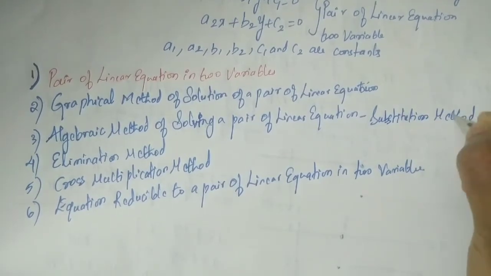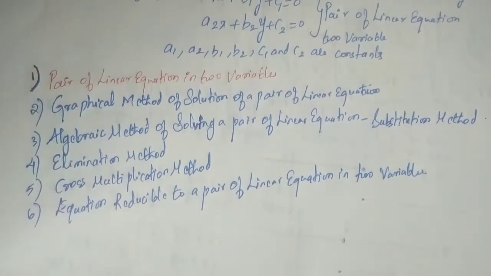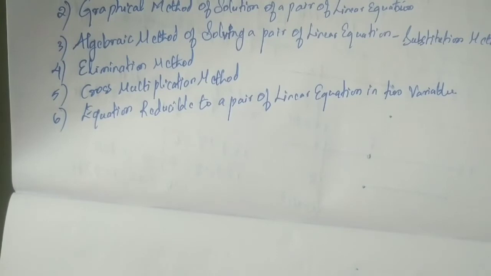So let us start understanding the method. Before that, we need to understand what exactly we are finding, right? So we are going to find a solution for a pair of equations whose solutions are expressed in graphical form, right?